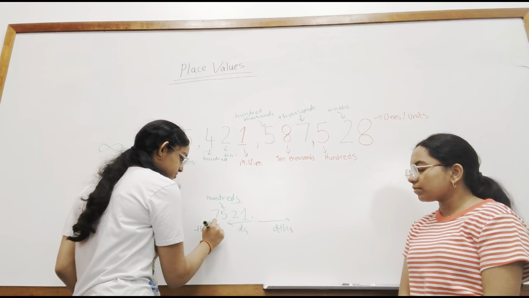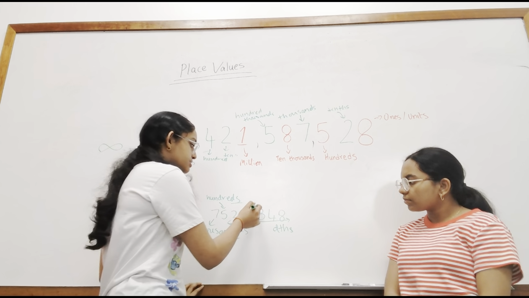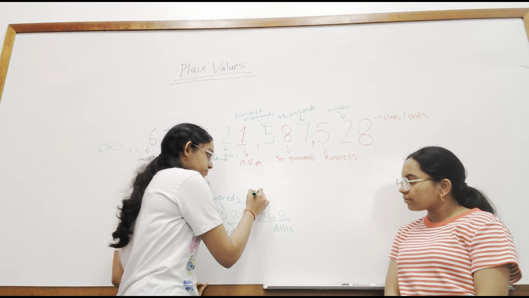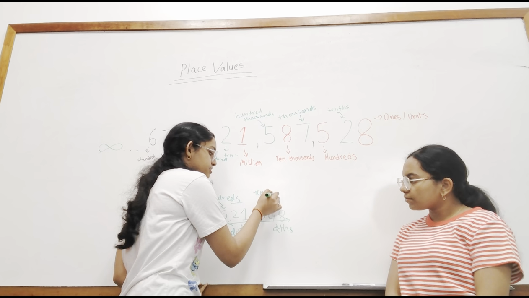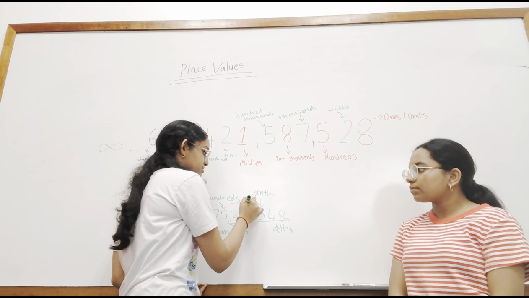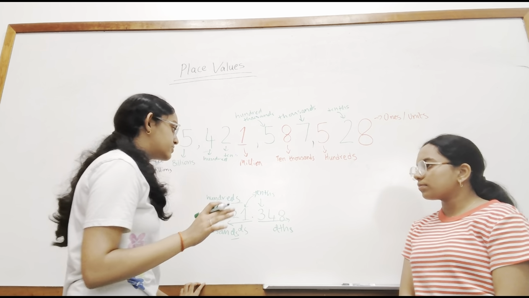But then on the other side, if I have, let's say, 3, 4, 8, right? Every time you read this, now this is going to be in the tenths place. And notice how tens is the same in both this and that. So don't confuse yourself on that.